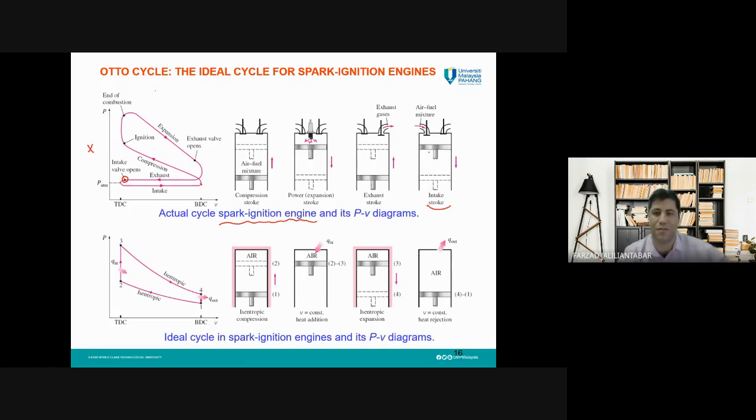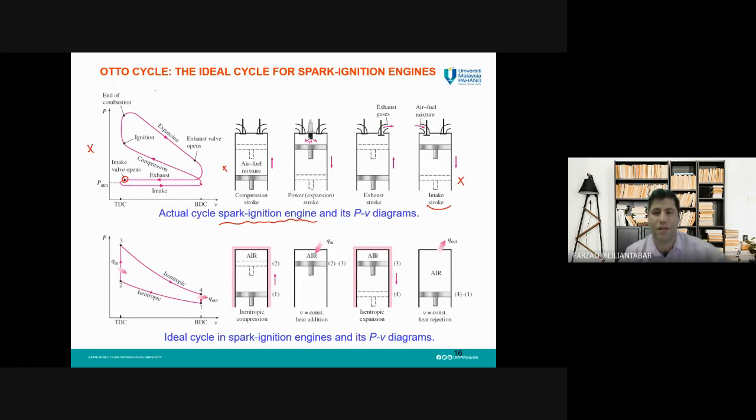It is almost constant at the beginning. Then when it starts to rotate and go up, actually this is intake, we need to go to the compression.